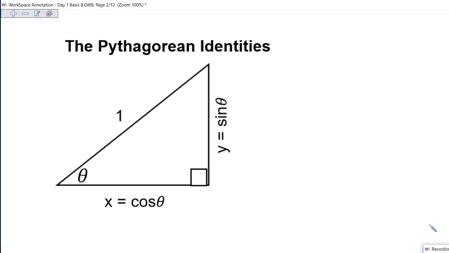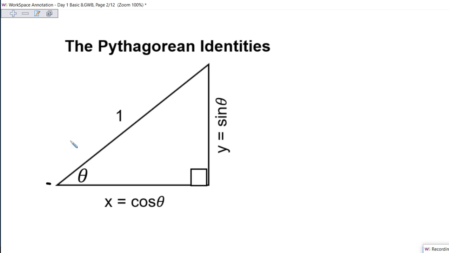Okay, so for the Pythagorean identity, suppose we have a triangle on the unit circle, and if this theta is in standard position, here would be 0, and right here, this would be a radius of the circle, which would be 1. I know for the unit circle, the radius is 1, so that's where the 1 came from.